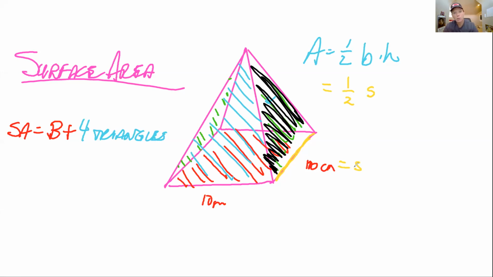Now the height is tricky because the height is not the height of the pyramid. Remember that was 18 centimeters? The height of the triangle is that distance. Can you see that? It's on the outside edge and it's longer than the height of the pyramid. We call it the slant height, and I'm just going to call this L for slant height.